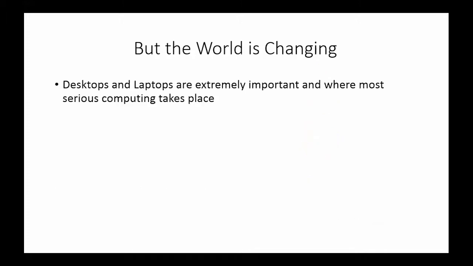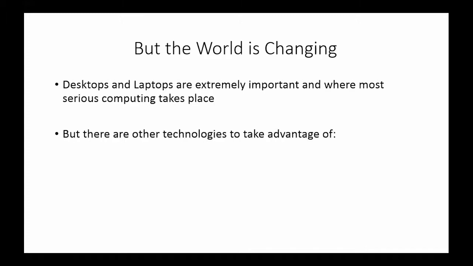But as I said, desktops and laptops are really important, and they are like the workhorses of the computing world. They're really powerful and really fast compared to our other devices, but this doesn't mean we shouldn't be trying to take advantage of these newer technologies. The first one obviously being the smartphone, which is changing the world and changing the way that we do computing and changing the applications that we can write.